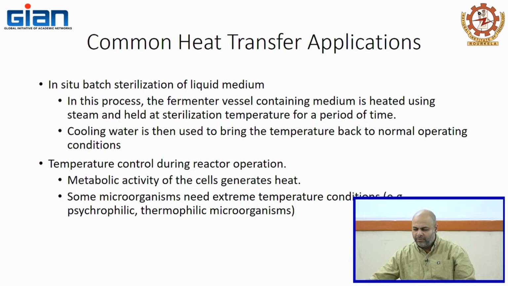But the generation of heat because of the microbial biochemical pathways is an important parameter that you have to take into account. Understanding what microbes you are going to use, how they grow and how much heat they produce is an important parameter.